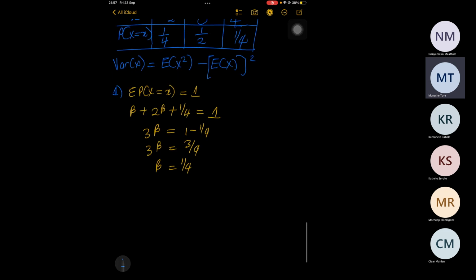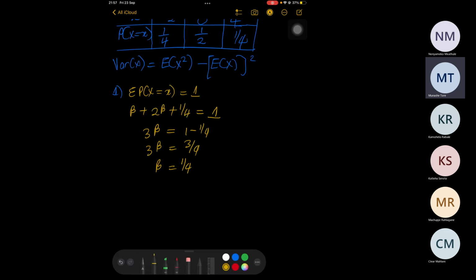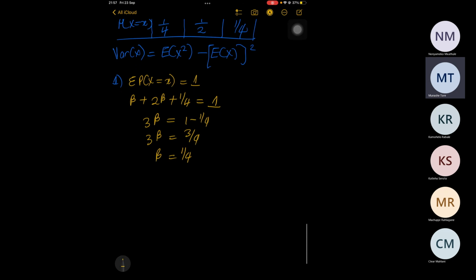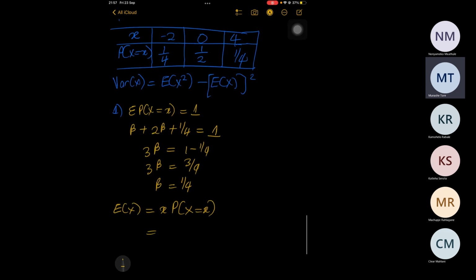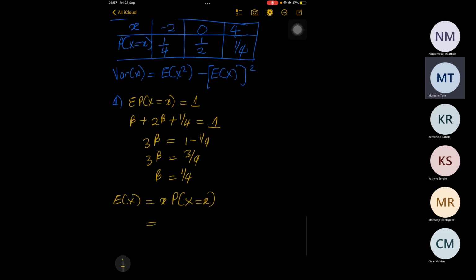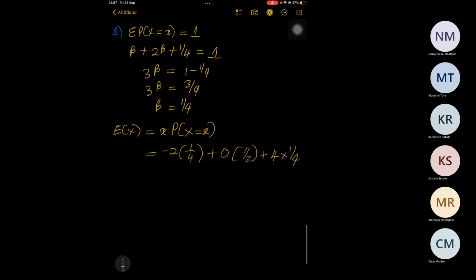Now you calculate the components that are required in order for you to determine the variance. So what's E of x? E of x is x times probability of x equal to x. So for our first x value, we have -2 times the probability, 1/4, plus 0 times 1/2, plus 4 times 1/4.